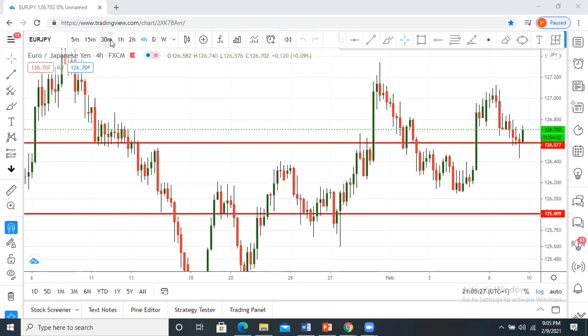We are going to learn how to use the Fibonacci retracement tool and apply it to our price action trading.